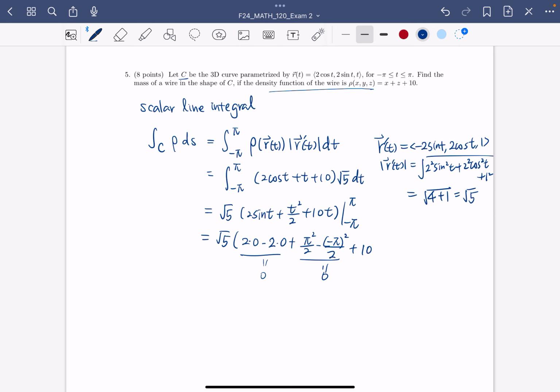Plus 10 pi minus negative 10 pi. Okay, so overall we get 20 square root of 5 times pi. So this is the mass we get by computing this scalar line integral.